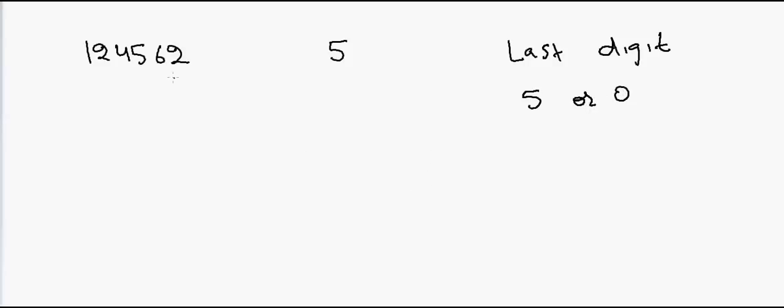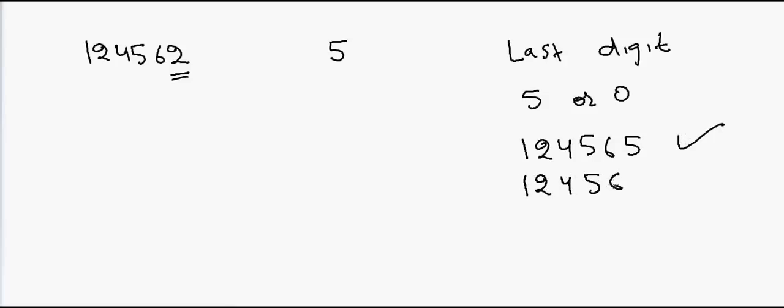In this case it's not, so it is not divisible by 5. If I had 1 2 4 5 6 5, or if I had 1 2 4 5 6 0, then it would be, but not in this case. So we know this now.